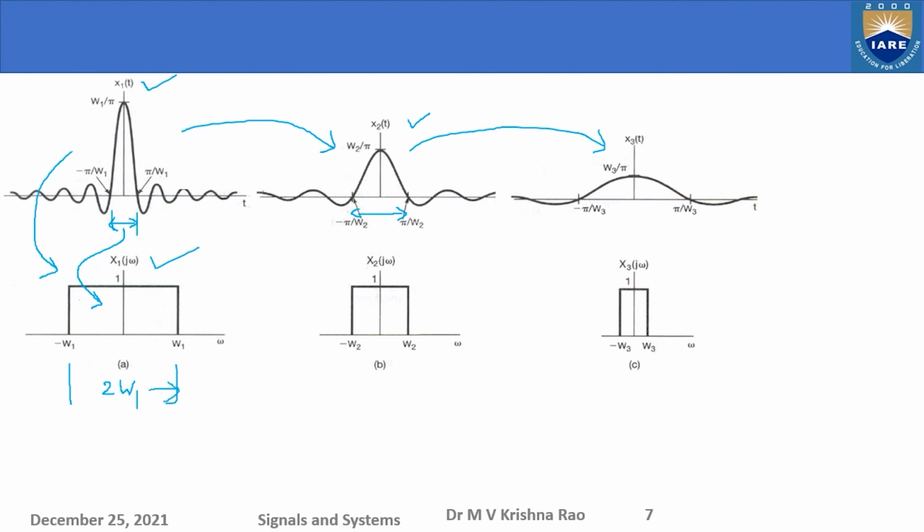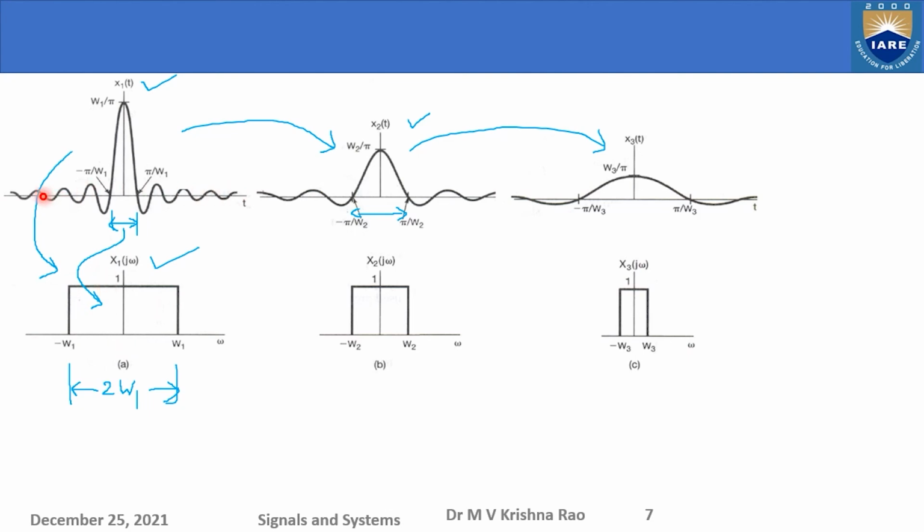Sharp edges are there. This is only ideal, so it is not possible to construct such a signal. This is a sync pulse whose width is infinite, so you cannot generate an infinite width. If I don't generate infinite width, I won't get this box function.